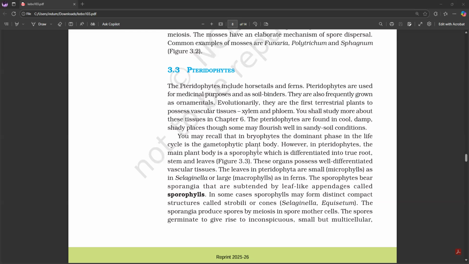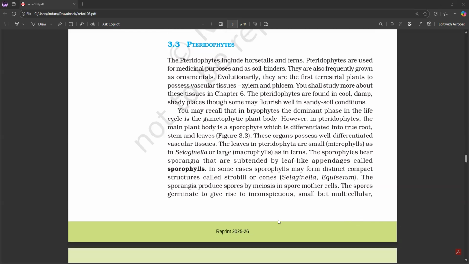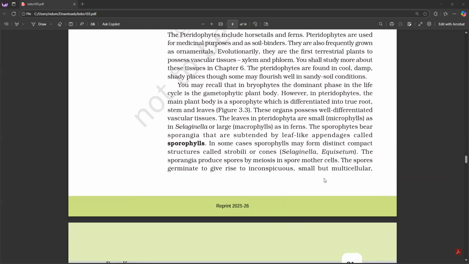The leaves in pteridophytes are small, microphylls, as in Selaginella, or large, macrophylls, as in ferns. The sporophytes bear sporangia that are subtended by leaf-like appendages called sporophylls. In some cases, sporophylls may form distinct compact structures called strobili or cones. The sporangia produce spores by meiosis in spore mother cells.